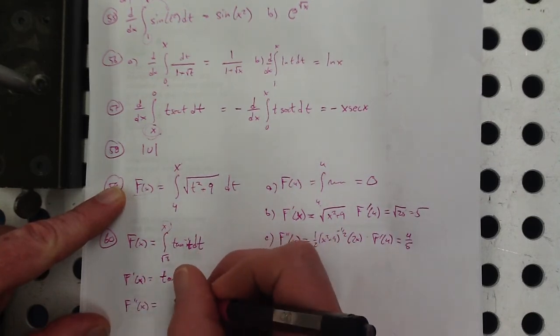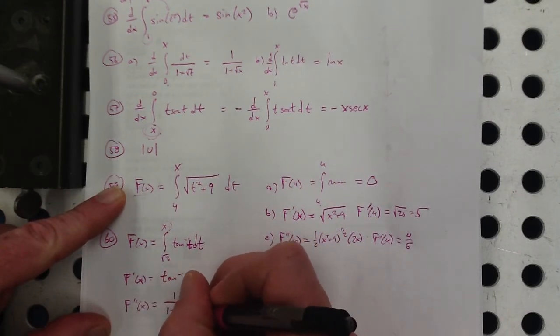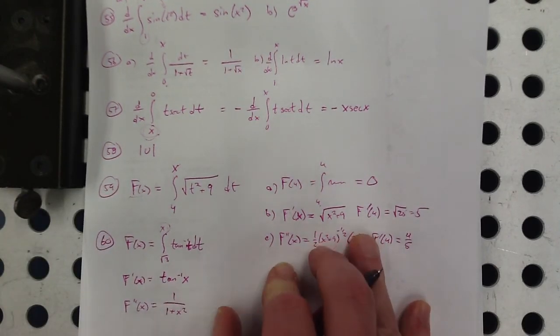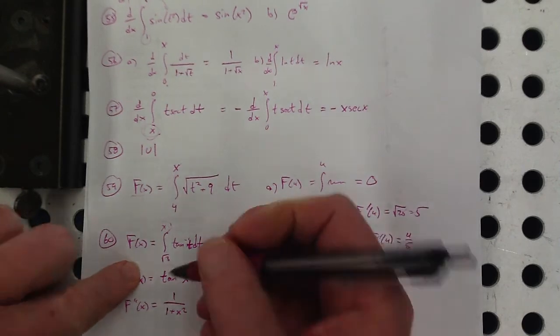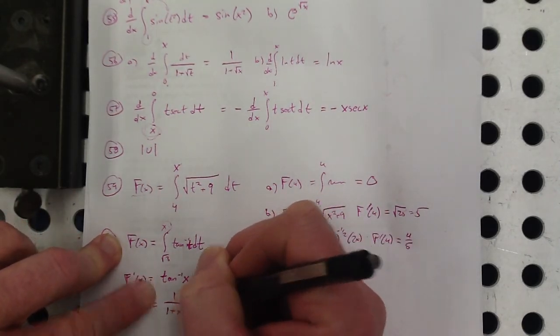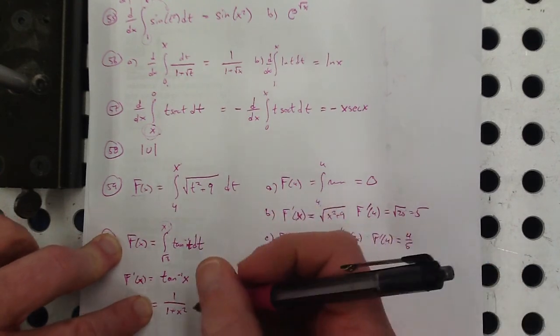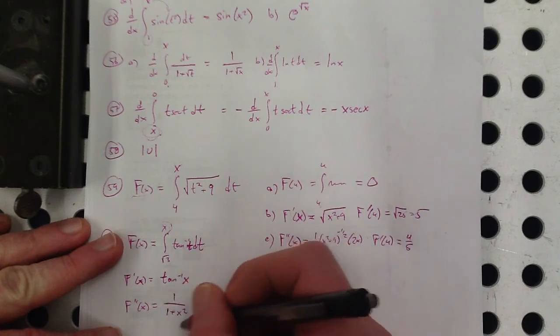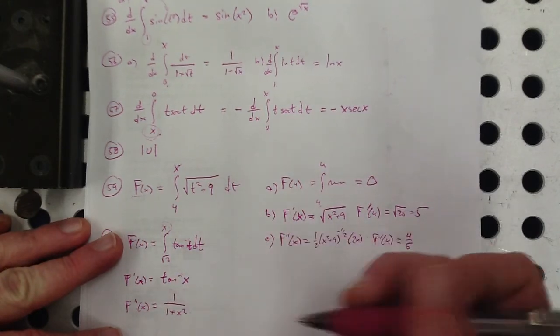And did you know, I probably have said this in a few other places too, but the fact that the derivative of the tangent inverse function is 1 over 1 plus x squared is like the College Board's favorite thing.